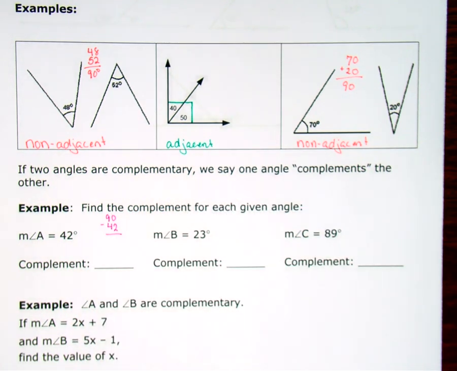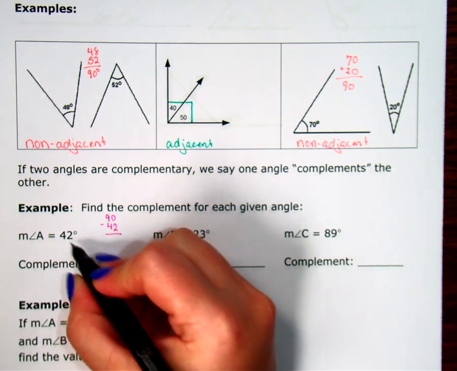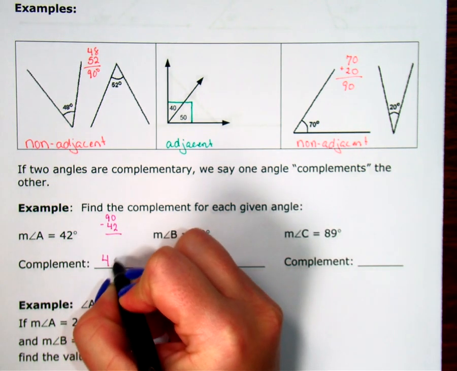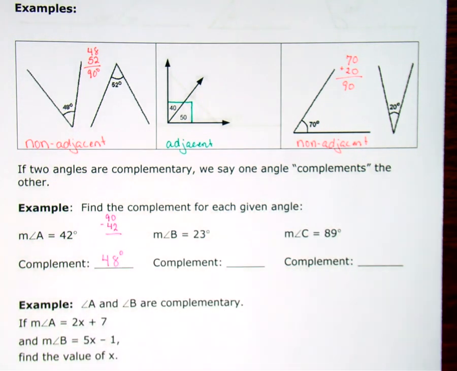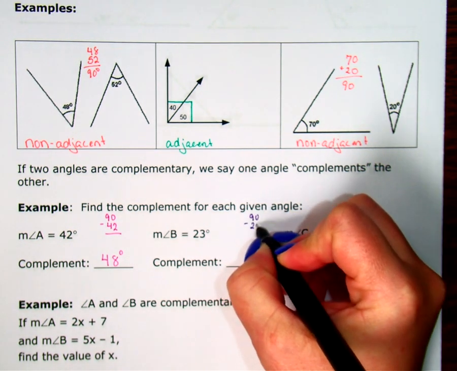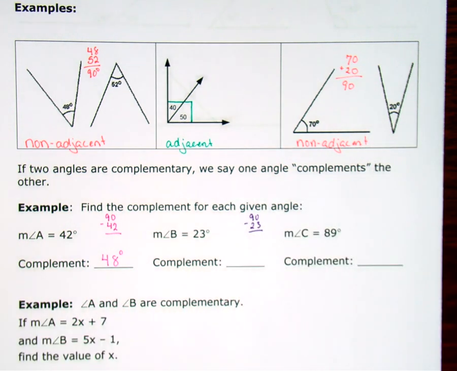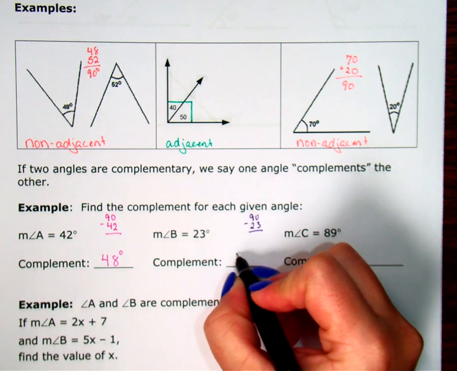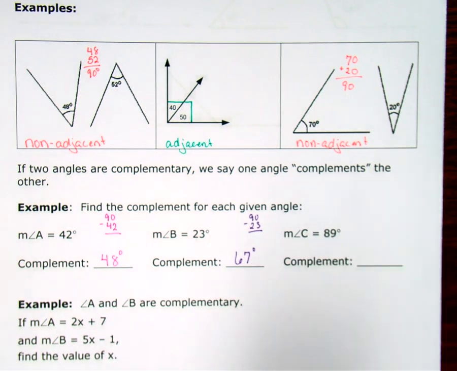So I do 90 minus 42. 42's complement is 48 degrees, because together 42 and 48 are a complementary pair that make 90. For B, I'm going to do the same thing. I have a 23-degree angle, so I'm going to say 90 minus 23 to find out what the complement is. The complement is 67 degrees.